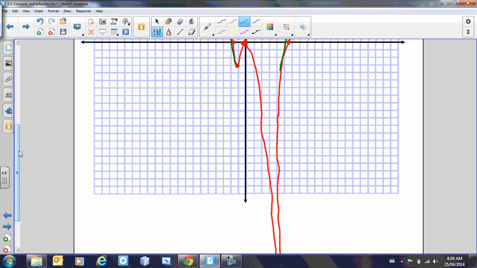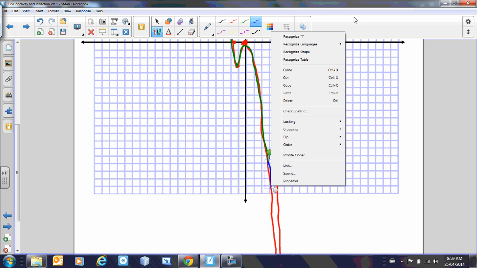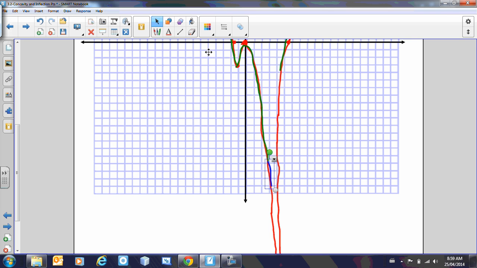The other thing to recognize is down here, I've got this kind of a pattern. But at some point, my graph is going to switch to being more of this shape. So this is what the second derivative is going to allow us to establish.